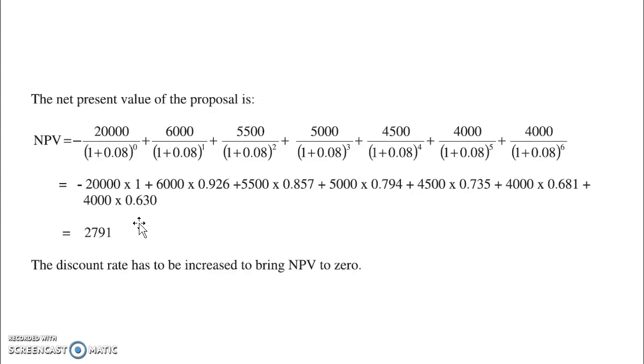If I want to reduce my NPV to 0, that means I have to increase the interest rate. By substituting different values, we can find a value of NPV which is less than 0. So I will increase my discount rate from 8% to a higher value.